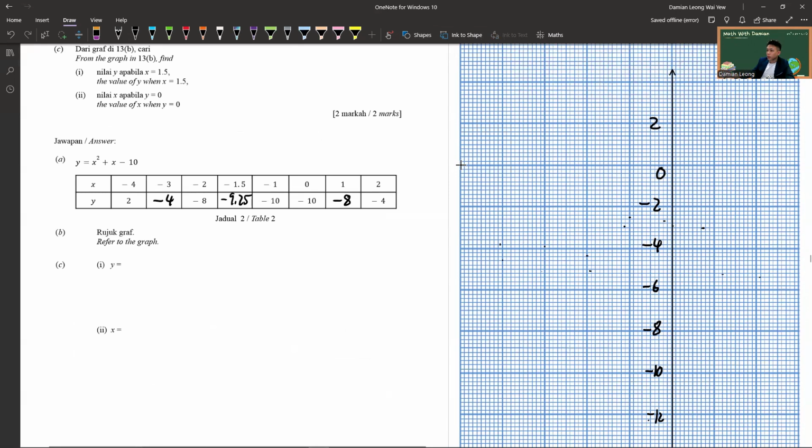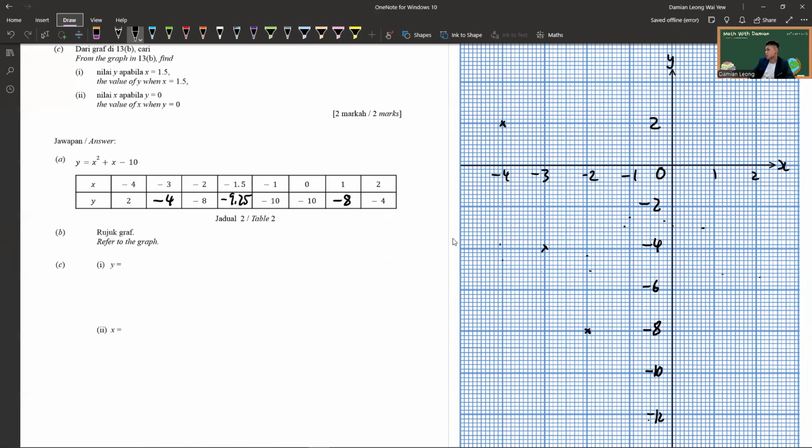So yeah, x-axis here. -4, -3, -2, -1, 0, 1, 2. X and Y. So plot points, -4 is 2. -3 is -4. Then -8. -1.5. Here, -9.25. Yeah.